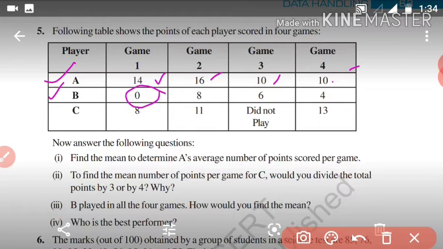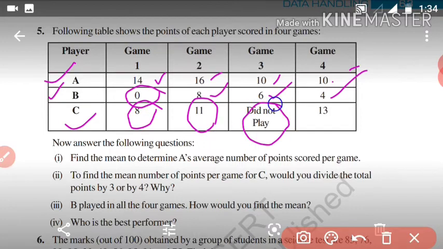Now, game 2 is how much? 8, game 3 is 6, and game 4 is 4. Now player C's score in game 1 is 8, game 2 is 11, game 3 did not play, and game 4 is 0.